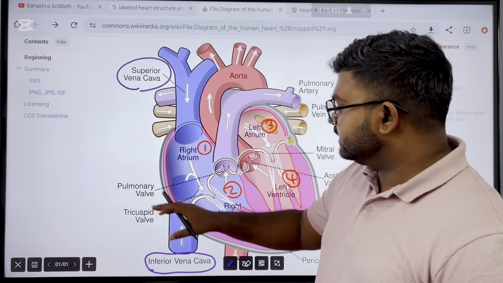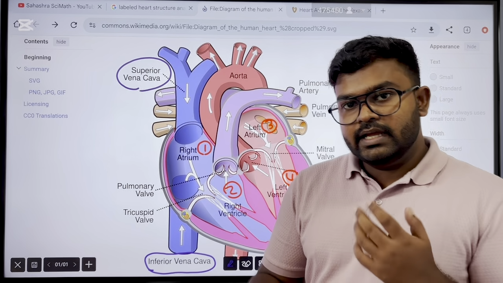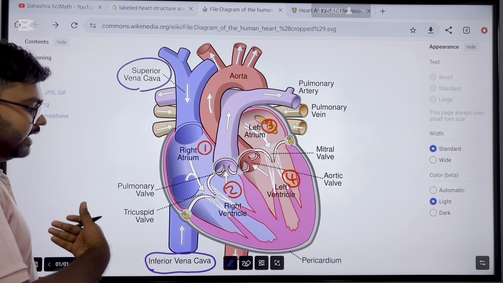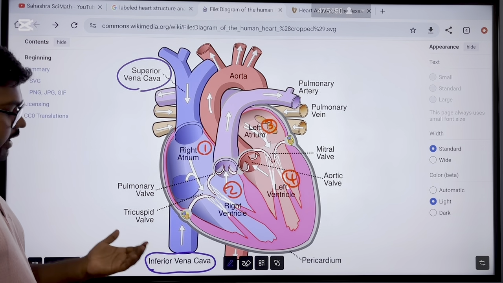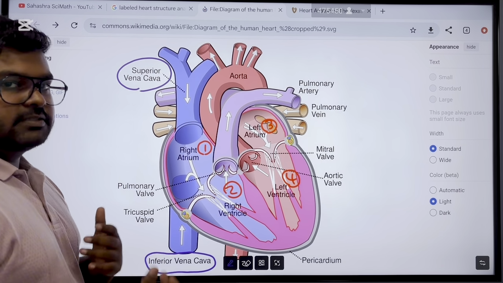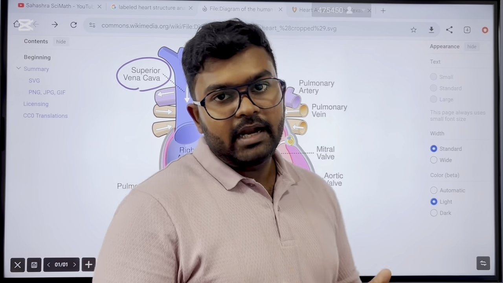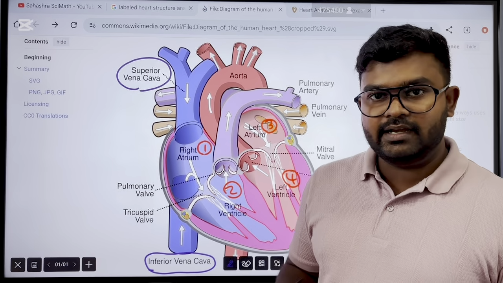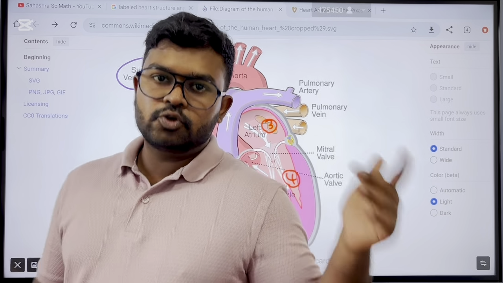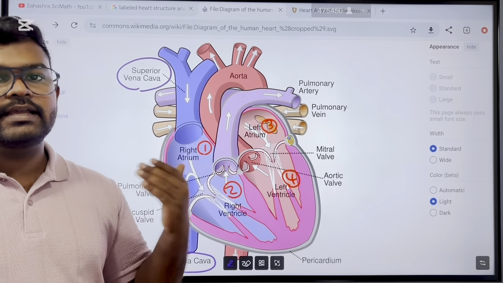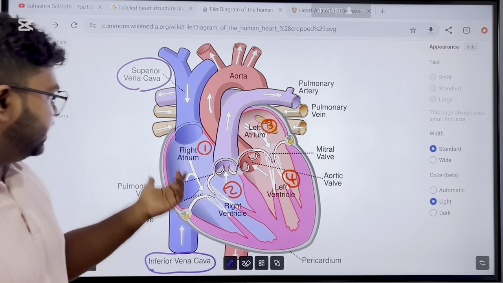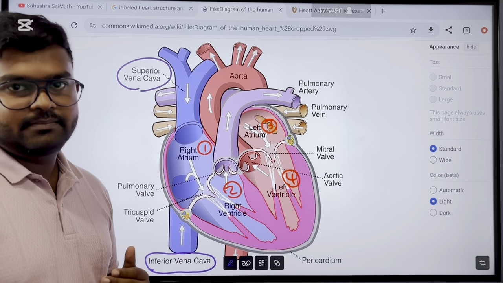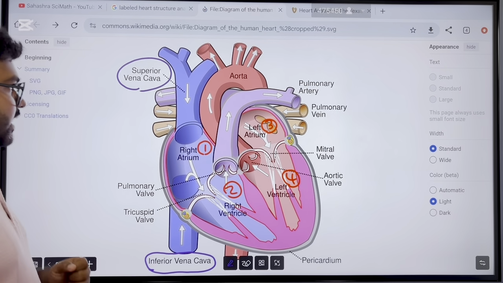The inferior vena cava carries deoxygenated blood from our lower limbs and the trunk into the right atrium.